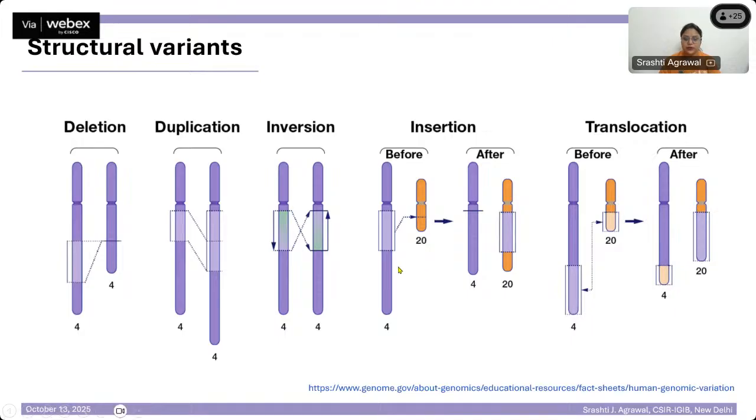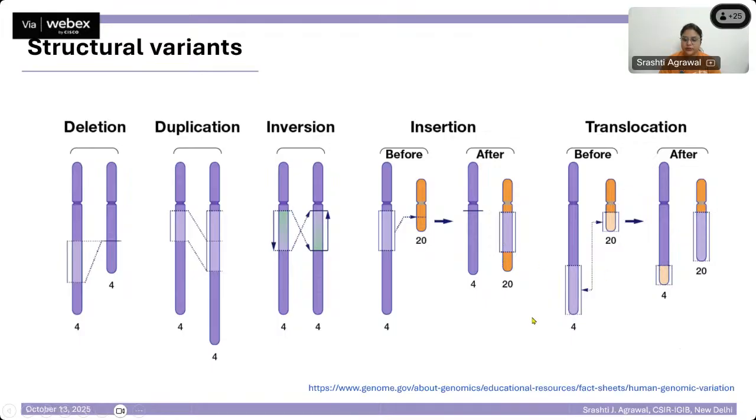Then we have insertion. In insertion, a large chunk of DNA gets inserted where it should not have been inserted, and it might affect the expression of the protein or multiple genes, or it might also lead to structural changes in the chromosome.